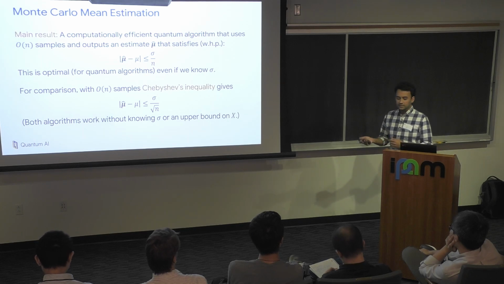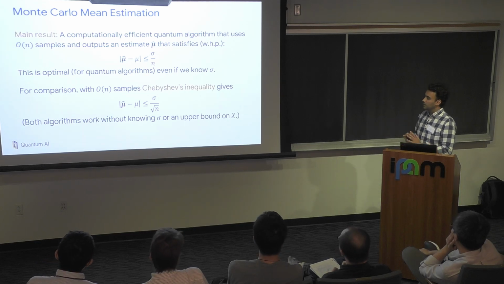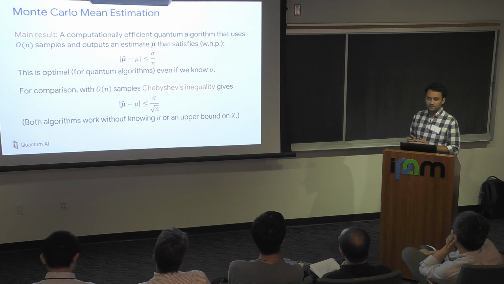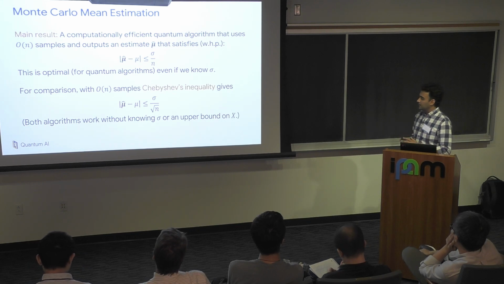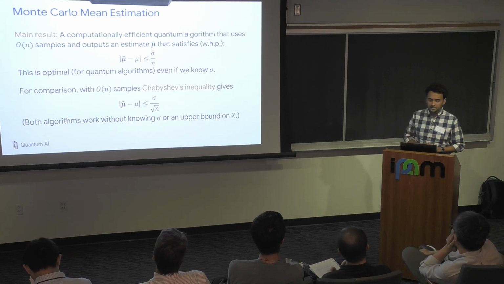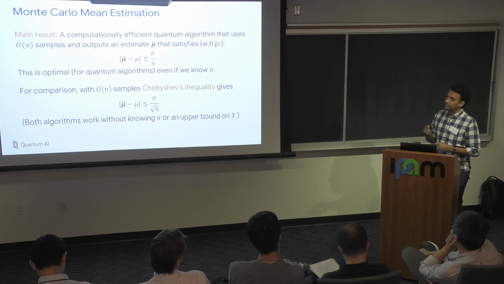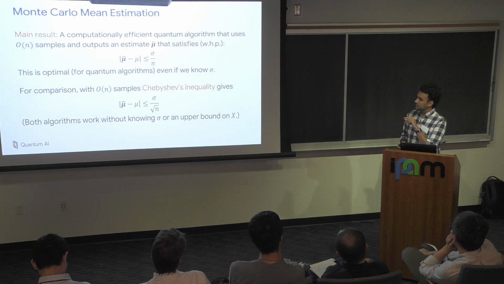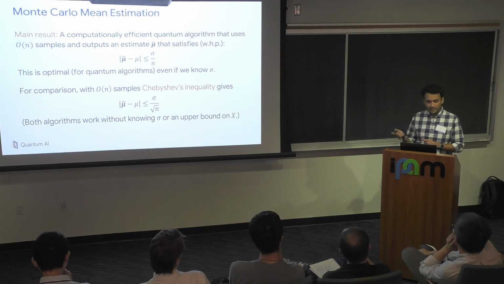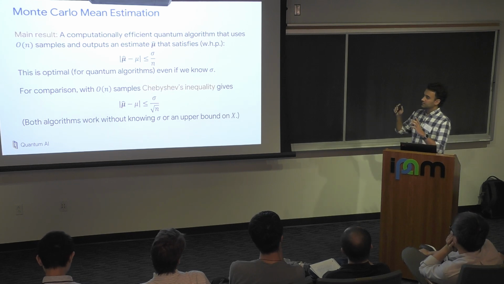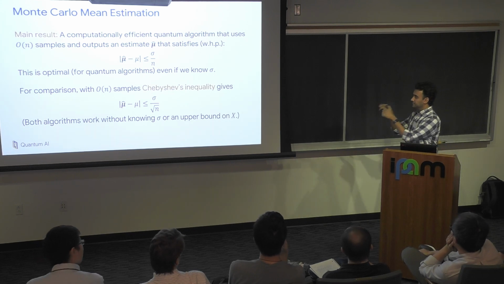So when you want high confidence, then you would use this median of means. But I'm just working in the scenario where the confidence is a large fixed constant, let's say 99%. I always just want to be correct with 99% probability. Then classically or quantumly, you never need to do any median of means business. You can always put that on top of this and drive the failure probability lower. So for example, if you want confidence 1 minus delta, you can just take our algorithm's complexity and multiply it by log 1 over delta, and that'll look exactly like median of means. Or rather, not median of means, it'll be the median of this algorithm.